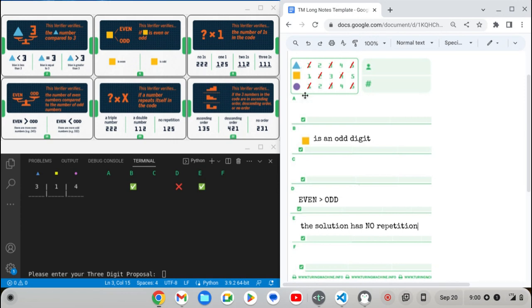I'm not sure. What about is there a 1 or not? I guess the ordering may play a part, but as far as ascending and descending, it seems like the only cases are 2, 3, 4 and 4, 3, 2.